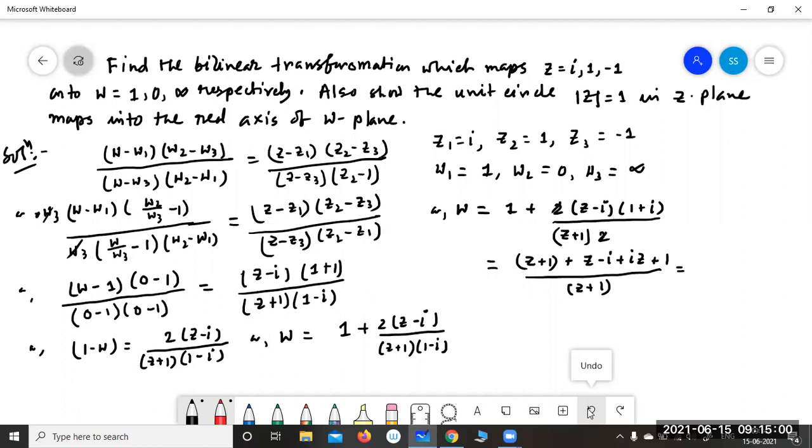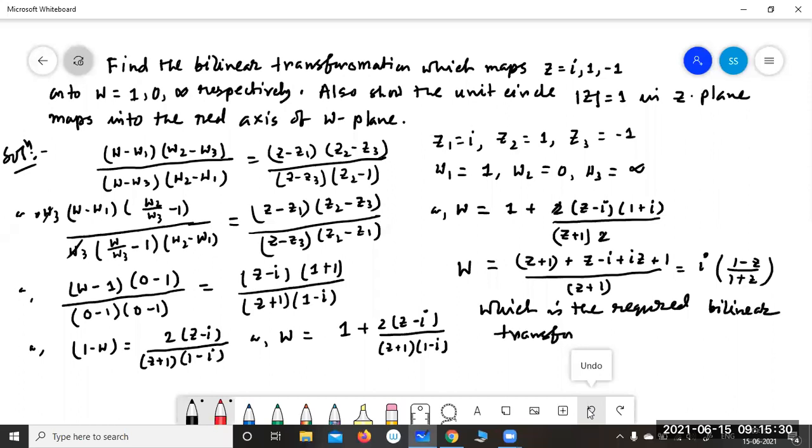So 1 minus Z by 1 plus Z, if we take common I from here, I into 1 minus Z by 1 plus Z. That is the value of W. So this is the required bilinear transformation. W equal to I into 1 minus Z by 1 plus Z.